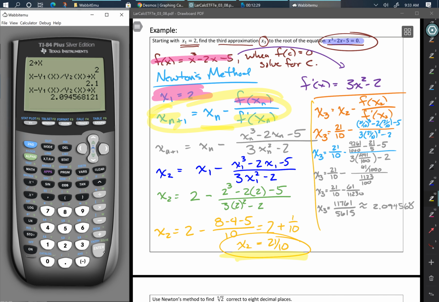The 2.094. And then if I press enter again, that would be x sub 4. Now I want you to take a look at those two values. And you see how they are the same tenths place, 0, the same hundredths place, 9, the same thousandths place, 4, the same ten thousandths place, 5, different hundred thousandths place.